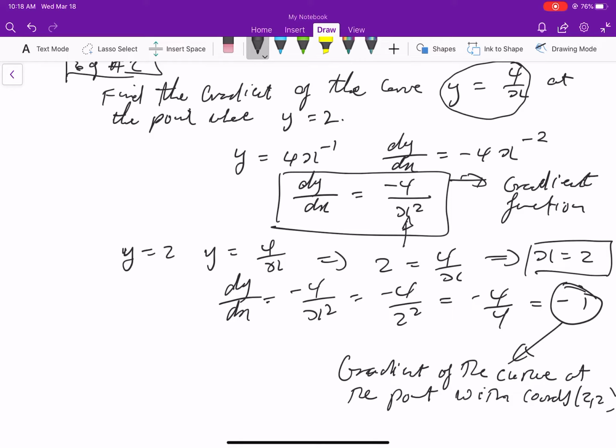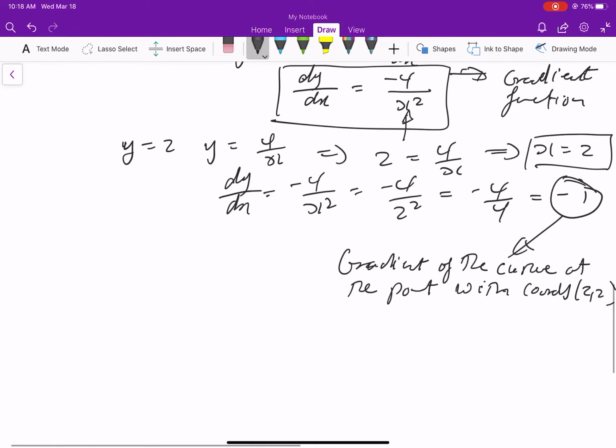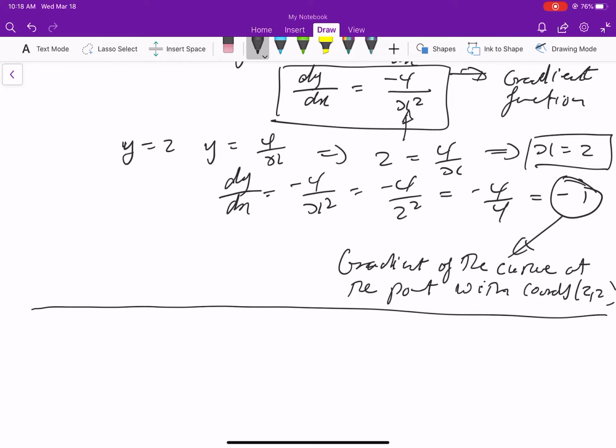Both x and y end up being 2 in this particular example. Okay, so they don't always have to give you the x coordinate directly.